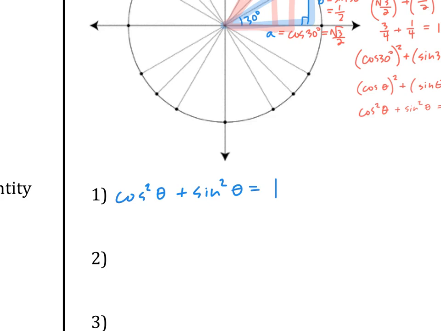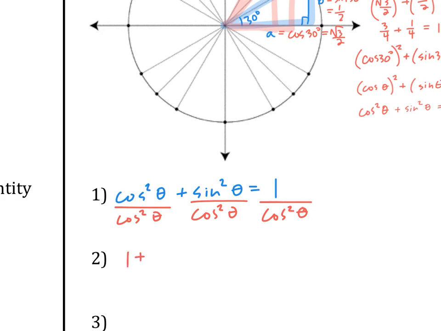What we're going to do now is get to the second identity by dividing everything by cosine squared. Cosine squared divided by cosine squared is pretty obvious. It's 1.